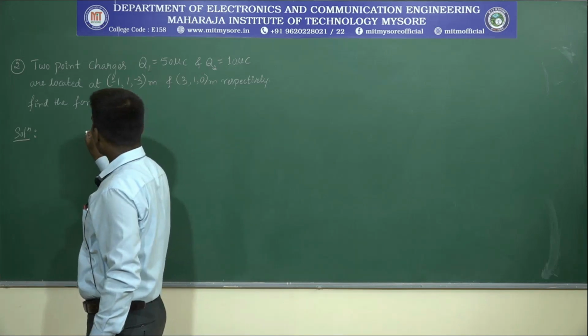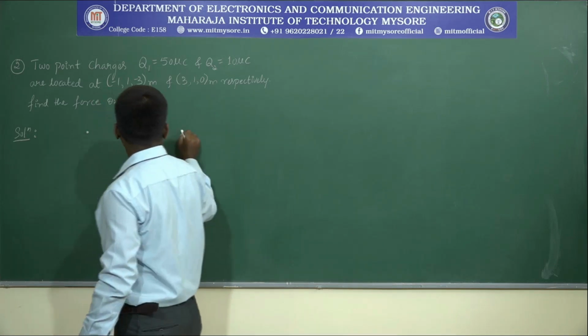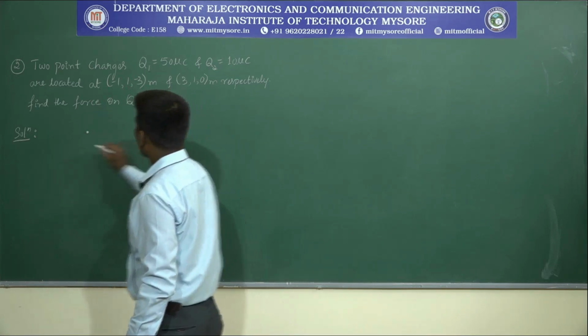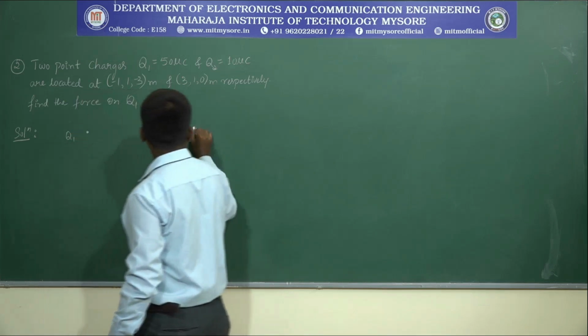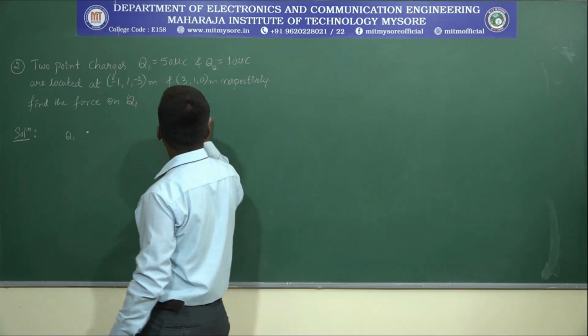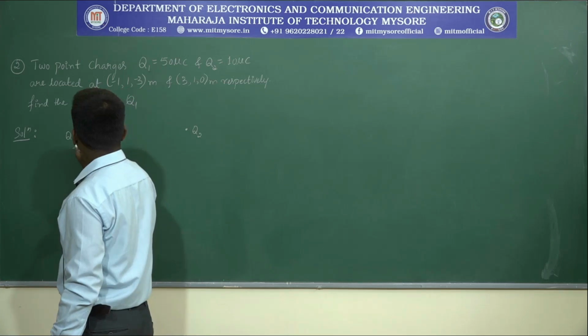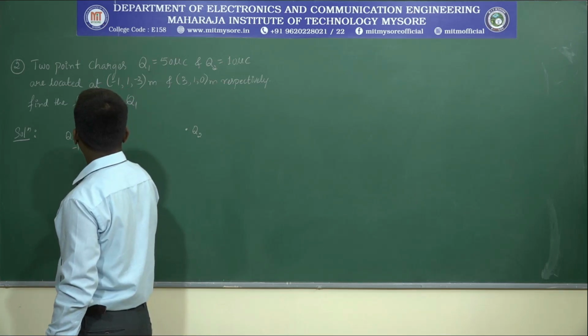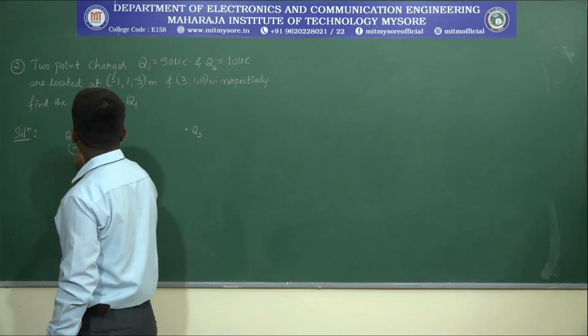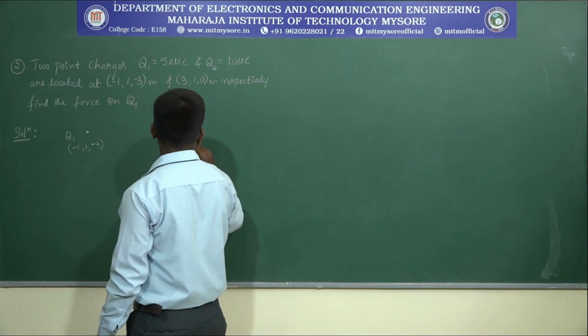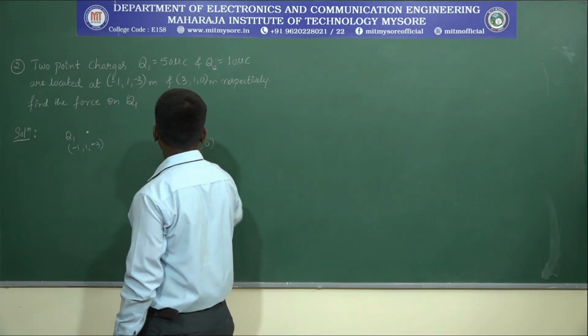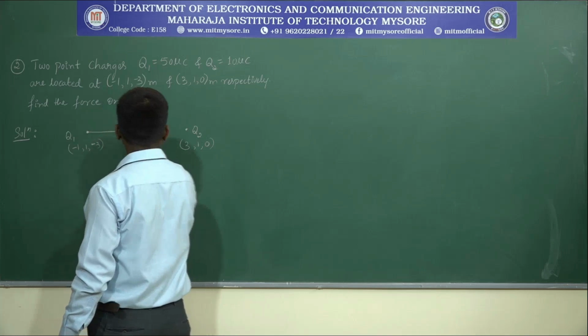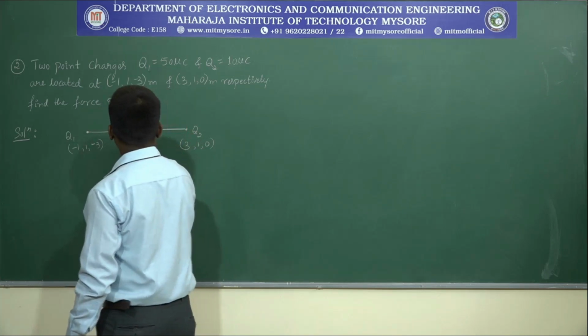Let me describe the problem statement here. There are 2 point charges Q1 and Q2 located at minus 1, 1, minus 3 and 3, 1, 0 respectively, which are separated by a distance r.